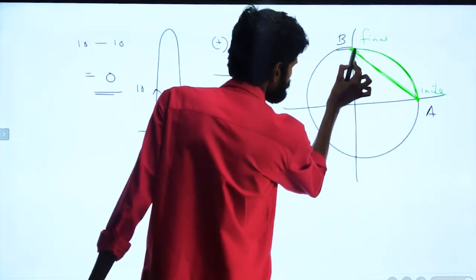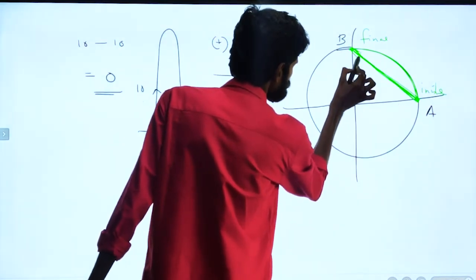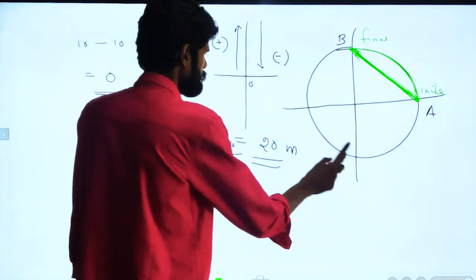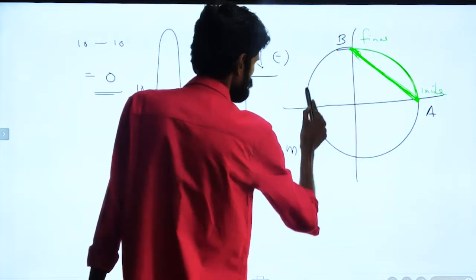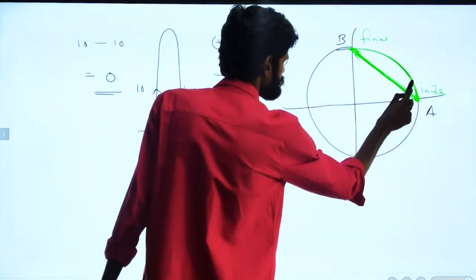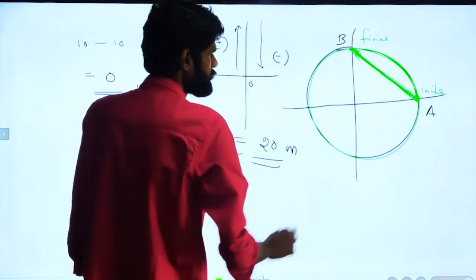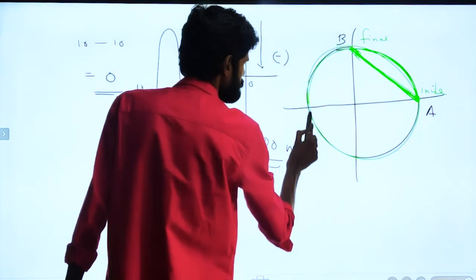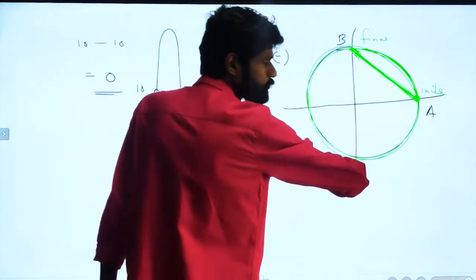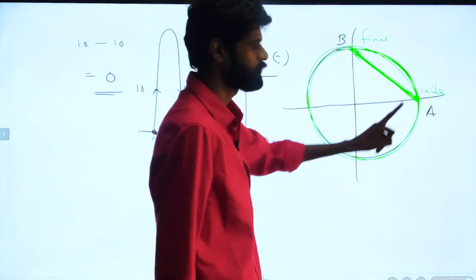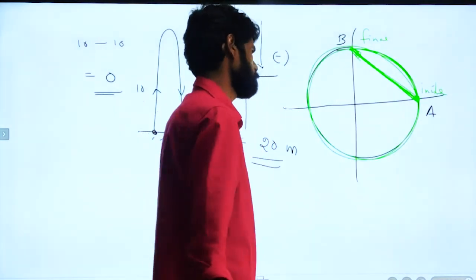This length represents the magnitude of the displacement. Suppose the body returns back to the same position A. What is the total distance? The circumference of the circle is the total distance. Displacement is equal to 0 because the body returns back to its initial position. Okay, thank you.